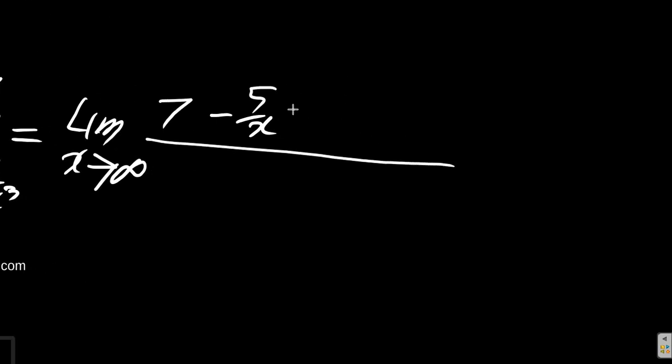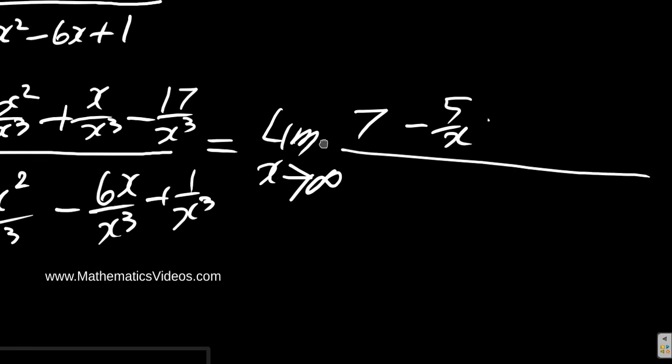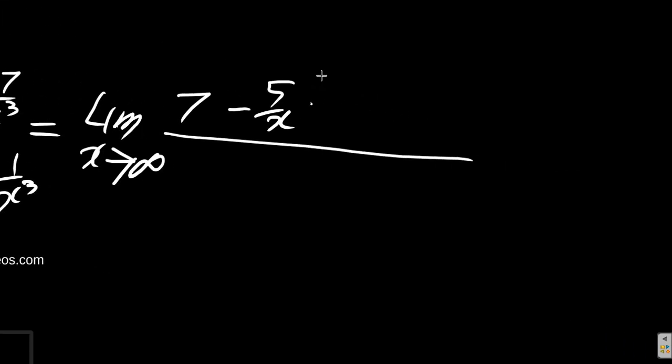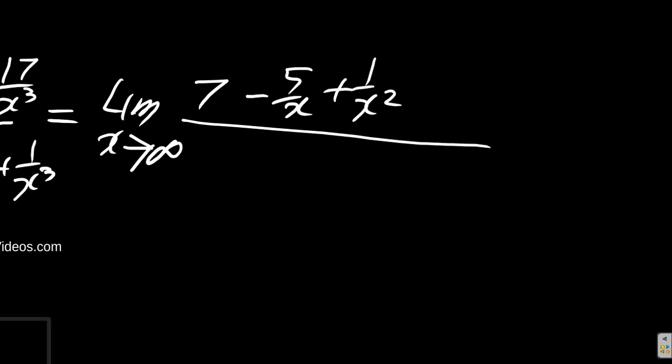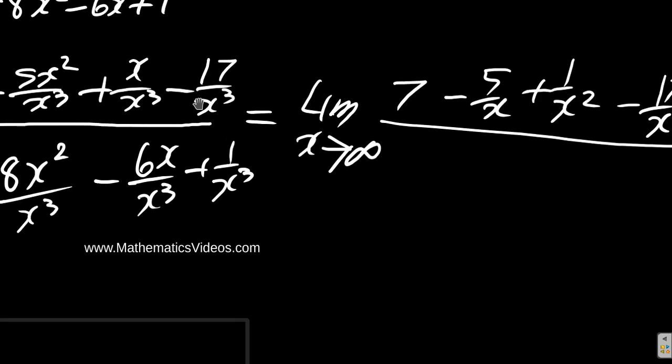So it's plus 1 over x squared. Then 17 over x cubed, nothing changes there. It's minus 17 over x cubed. So that's what you have there, right?